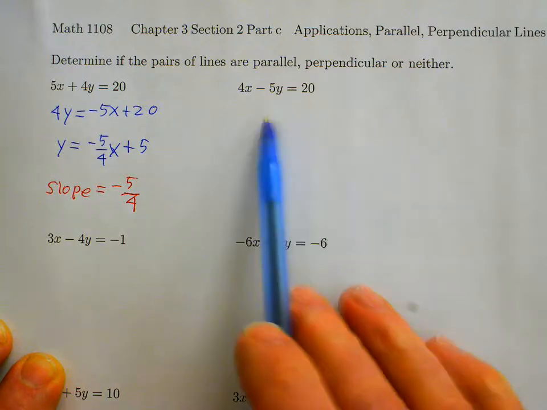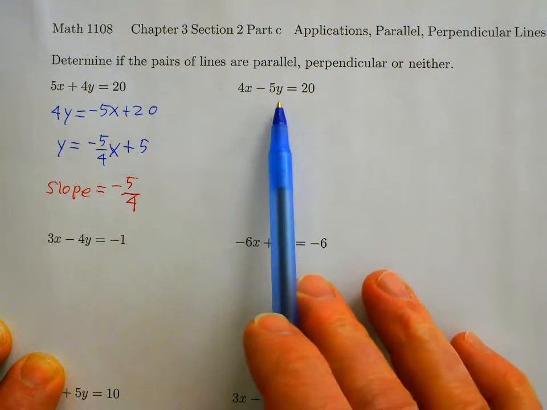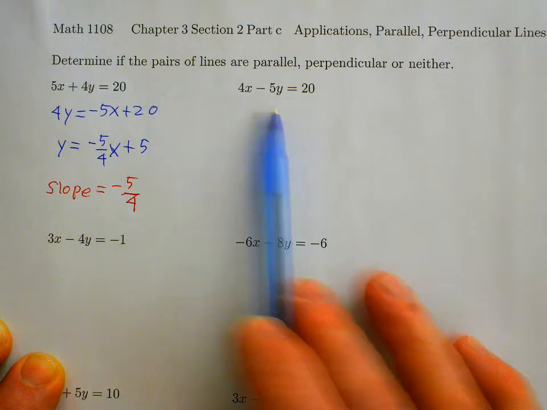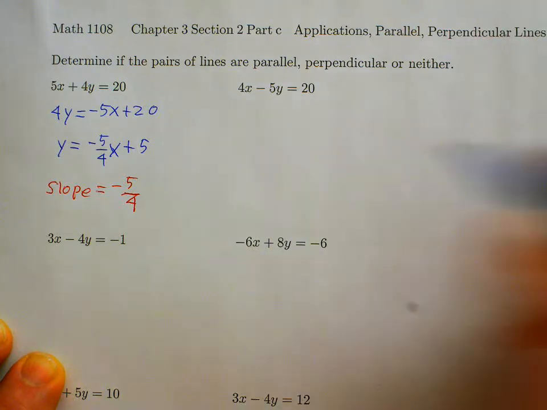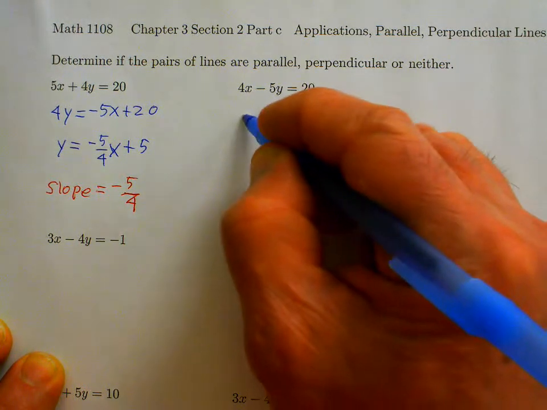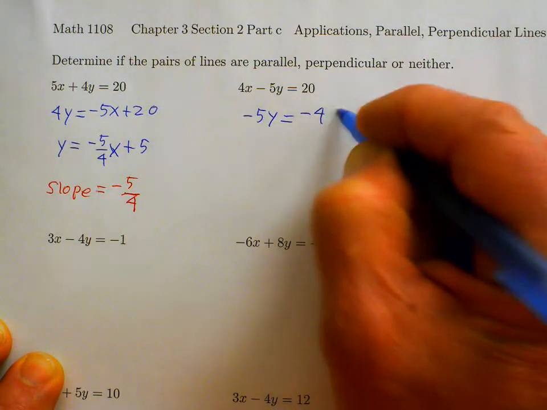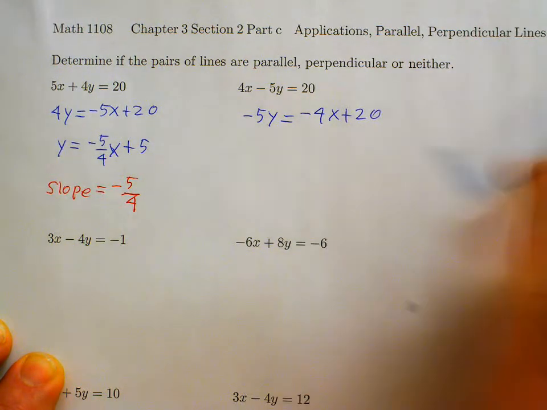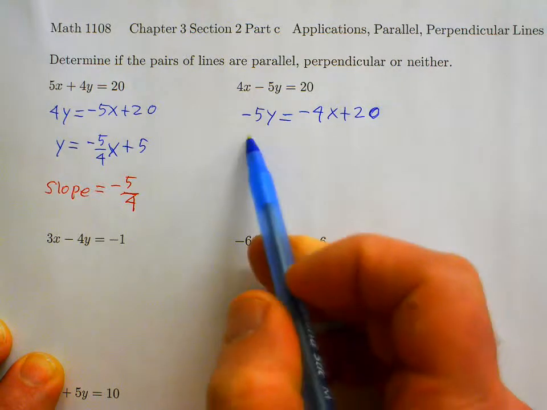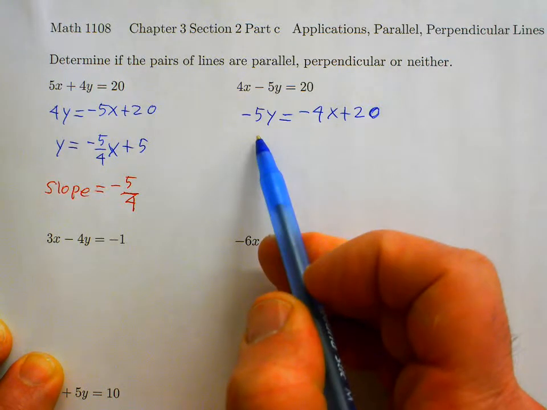Okay, now we'll solve the second equation for y. So first subtract 4x from both sides, and we get negative 5y equals negative 4x plus 20. Divide every term on both sides by negative 5.